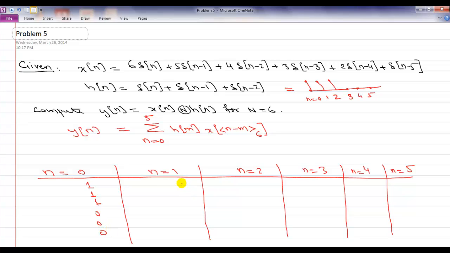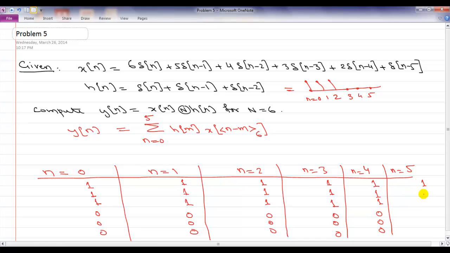Since I'm fixing this, I should just repeat that in each column without looking at anything else. 1 1 1 0 0 0 1 1 1 0 0 0. Okay, so this takes care of my h.